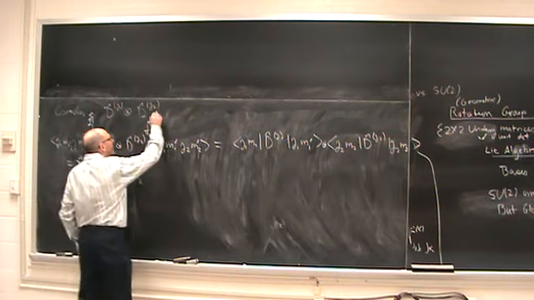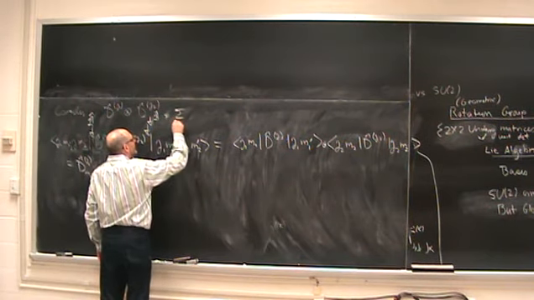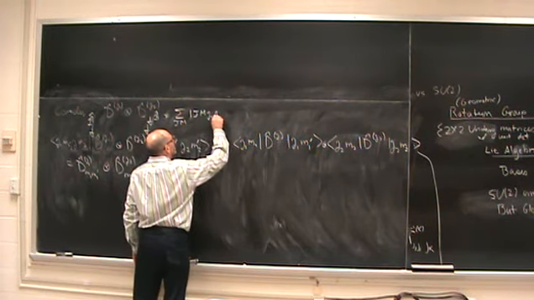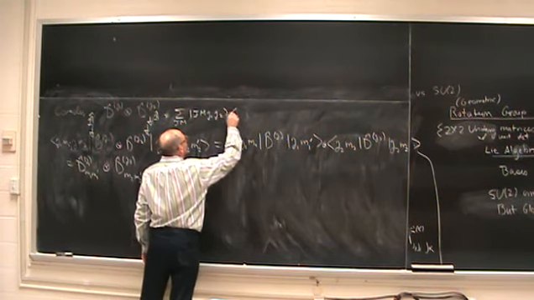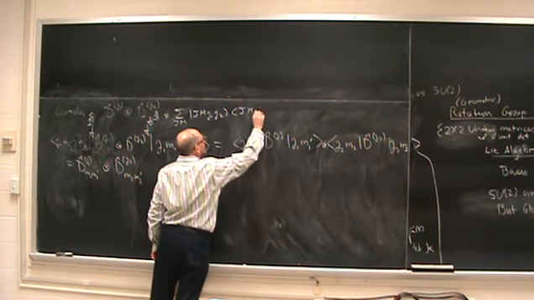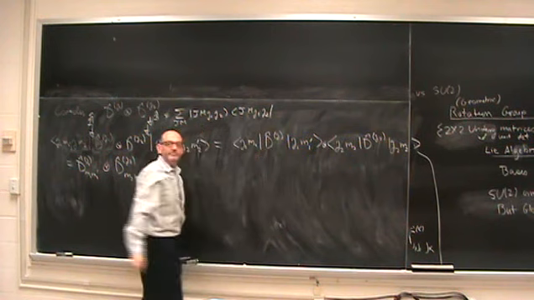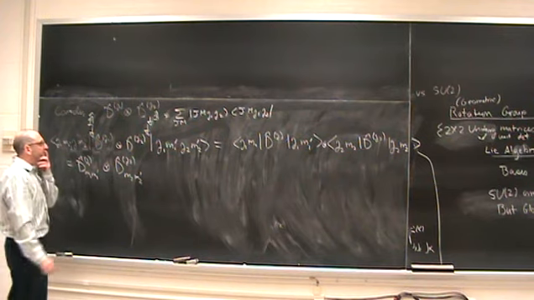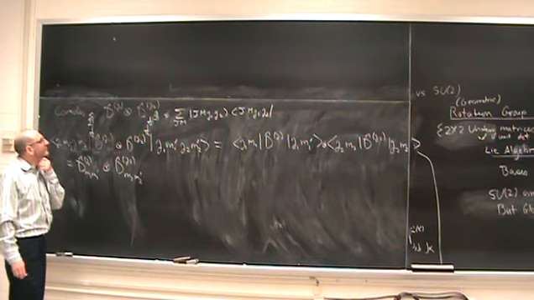I can insert the identity in the form of the coupled representation. Right? And when I do that, what do I get?